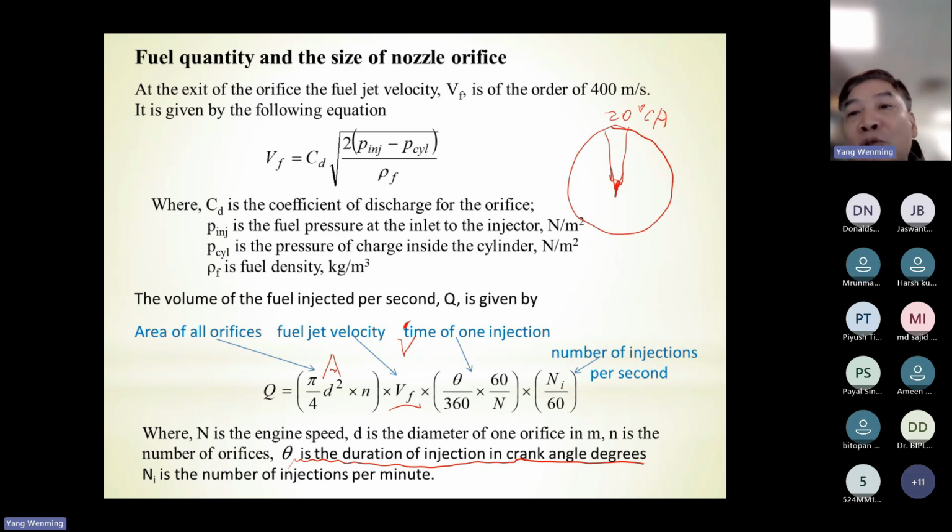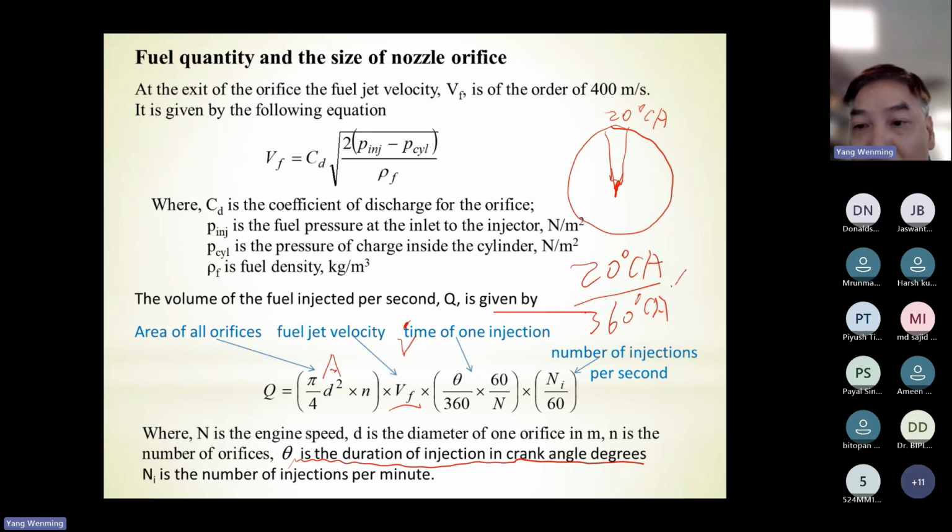Assuming the fuel injection duration is 20 degrees CA, this is the fuel injection duration as a fraction of the whole circle. Then it is 20 degrees CA divided by 360 degrees CA, correct? Here's the fraction. We change theta to a fraction, then it's 20 divided by 360.